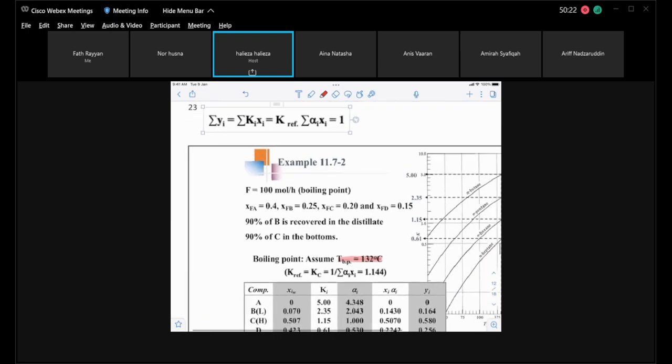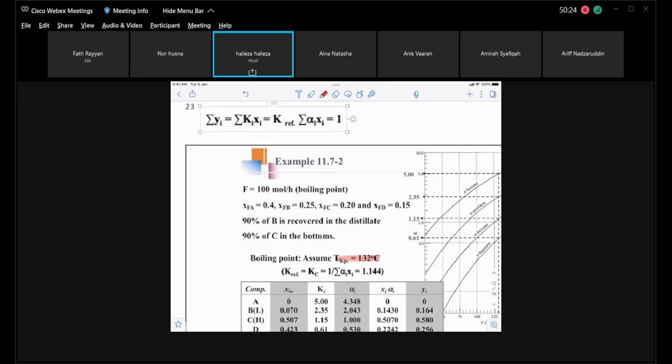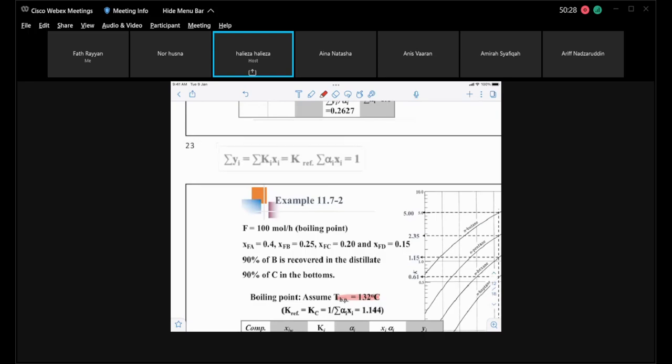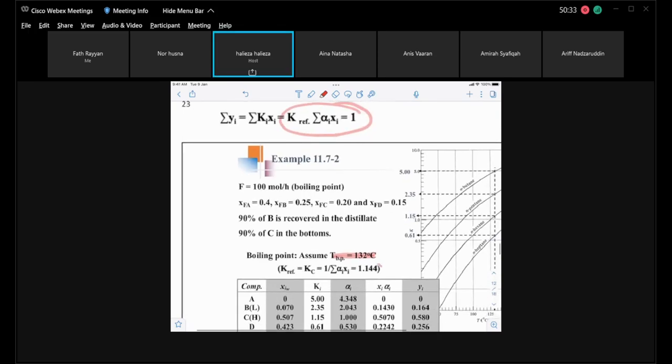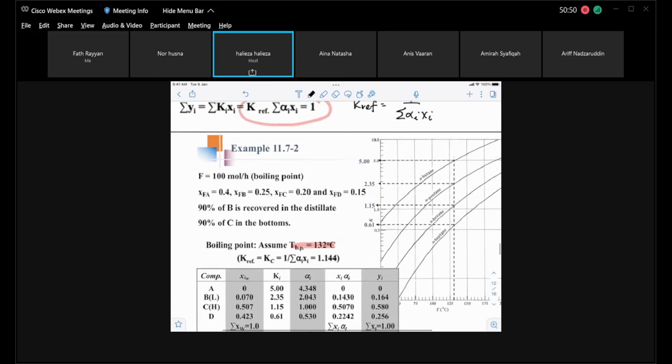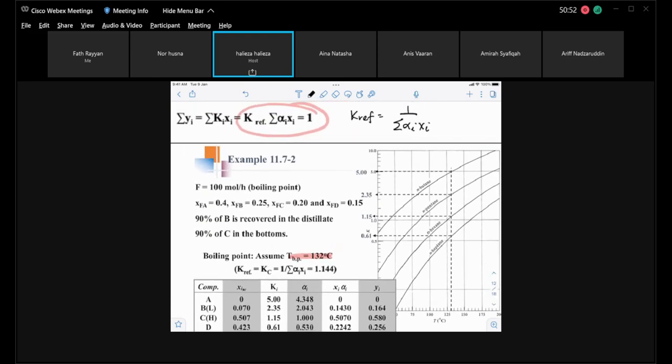So from this equation here, I will end up with that equation here. Or if I rewrite it, it will become K reference equals 1 over summation alpha i xi. If you don't understand, please ask. I might be going too fast or something is confusing to you guys, please ask.